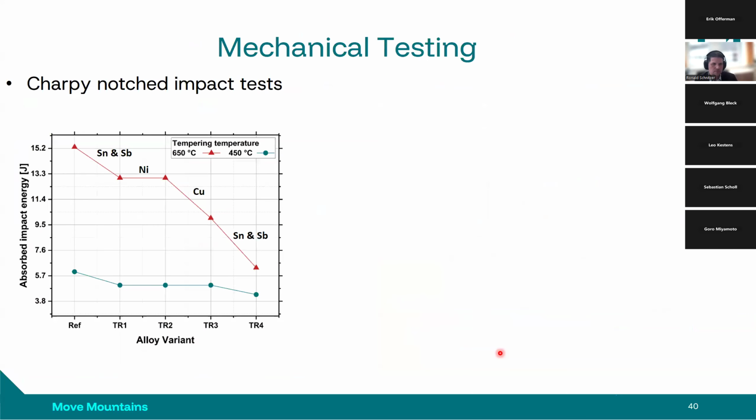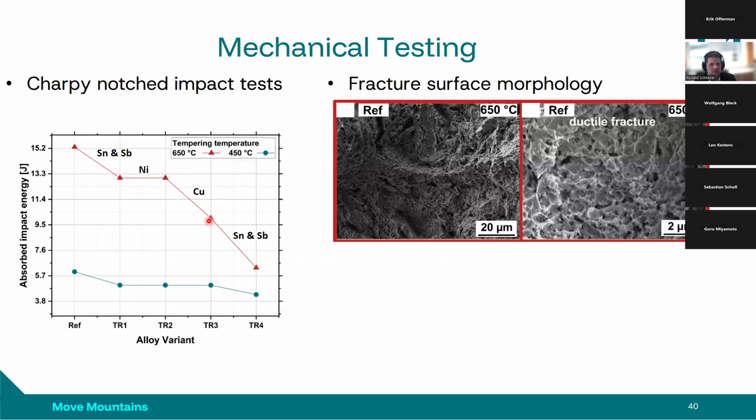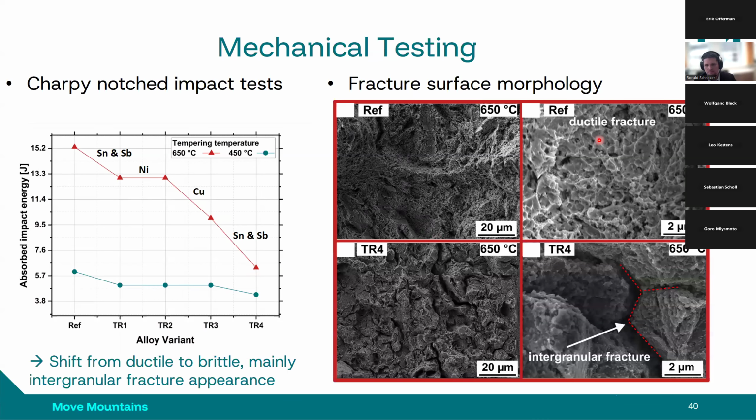So then, when one asks what is the reason for that decrease in toughness, one can look at the fracture surfaces. It was the case here for the highest content of tramp elements that these tramp elements result in a shift, which can also be seen in the fracture surface from here to here.